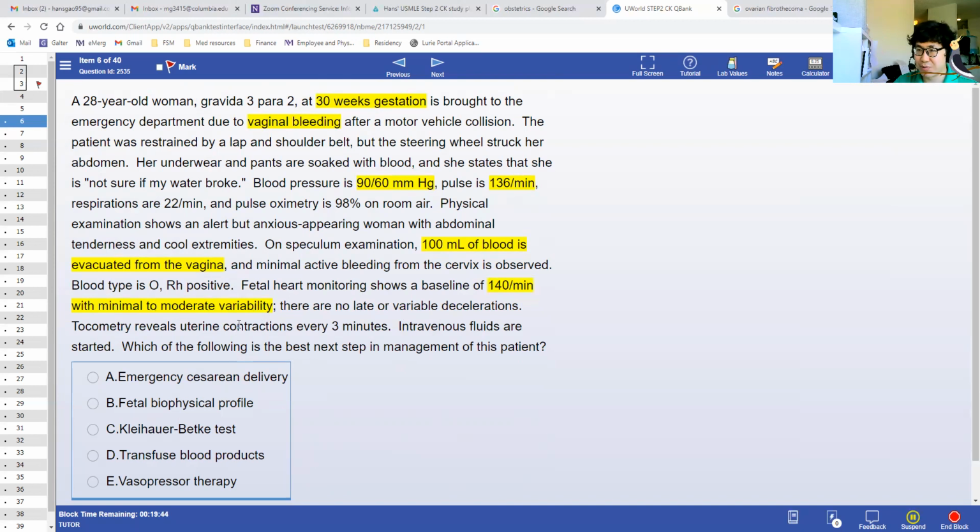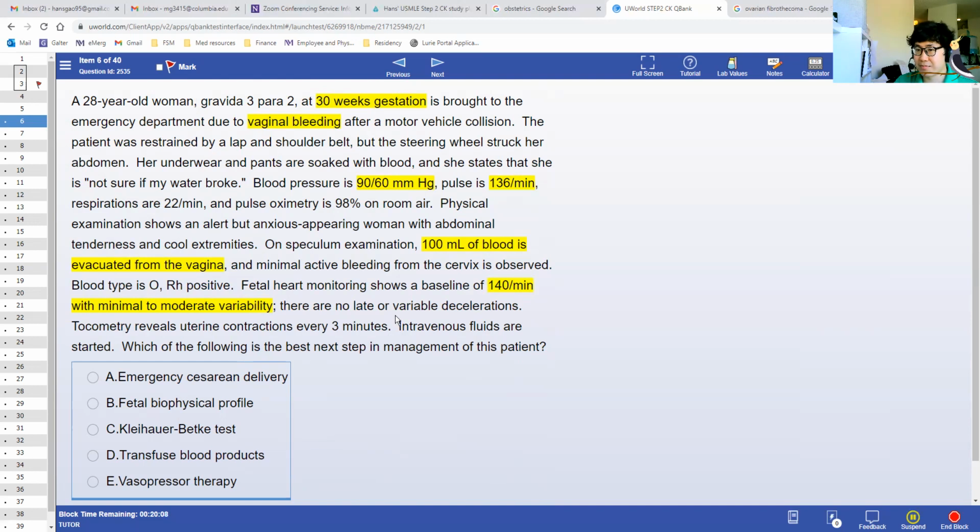IV fluids are started, which is the next best step. Yeah, the concern for some kind of abruption here is pretty high. Definitely concerned about it. And this is 30 weeks, so still viable, not ideal.